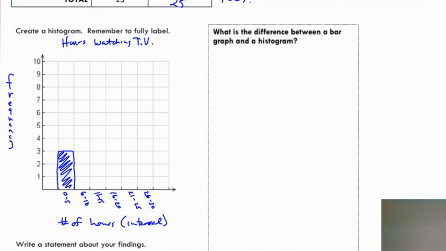For 6 to 10, we had 4. And the first thing you notice about a histogram is that it's like a bar graph, but the bars are stacked right beside each other. For 11 to 15, we had 8. That was our biggest number.